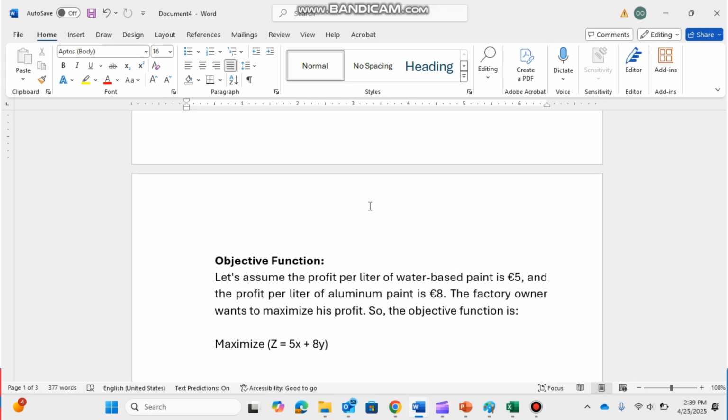Remember that we are looking at this problem using linear programming.